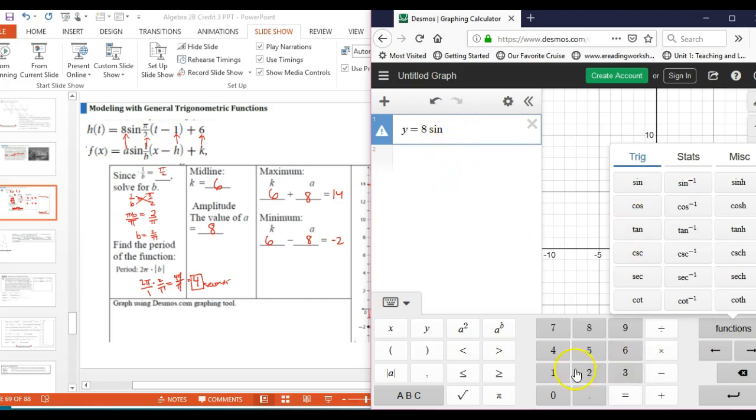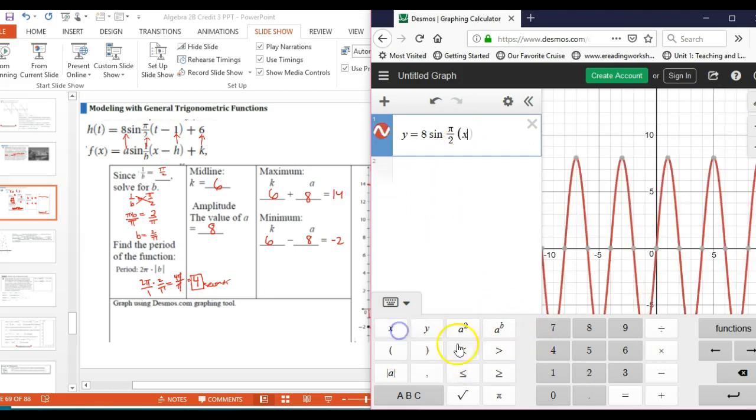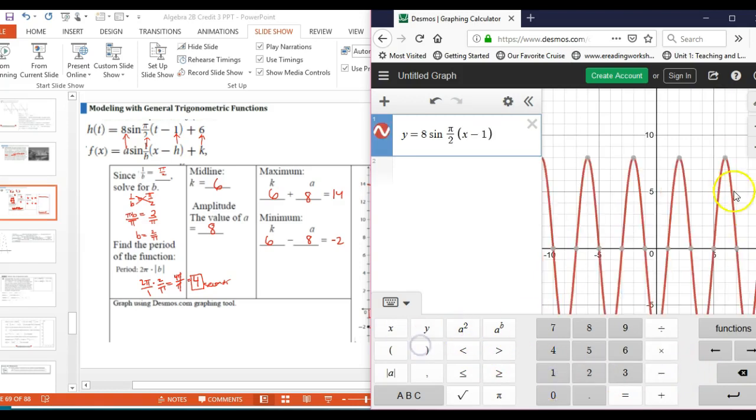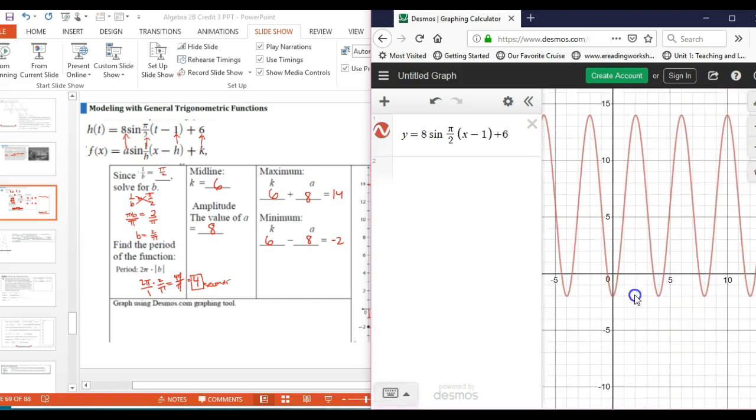We'll write in our value of pi over 2, so that's pi divided by, I'm going to highlight pi, so it's only dividing that pi by 2. Click over to the right. Continue to write in parentheses x instead of t minus 1. See how it forms it as we're talking about it right now. Plus 6. Wow. That's a lot.